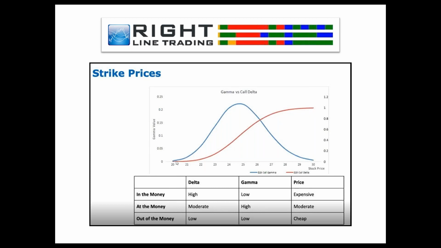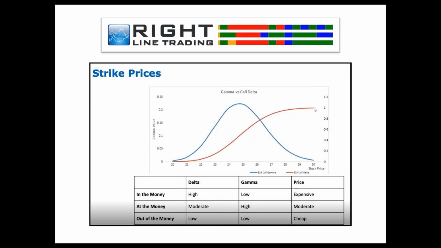If we traded deeply out of the money, we have the same thing. For every buck that the stock goes up, we have almost no change in the delta. So we're going to make very, very little money here.